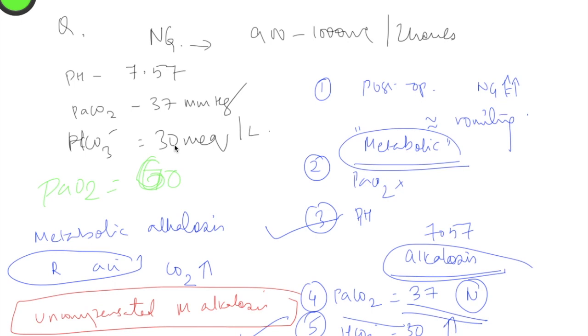In type 1 the PaCO2 will be normal or low. Because our PaCO2 is normal, this patient will be having type 1 respiratory failure.